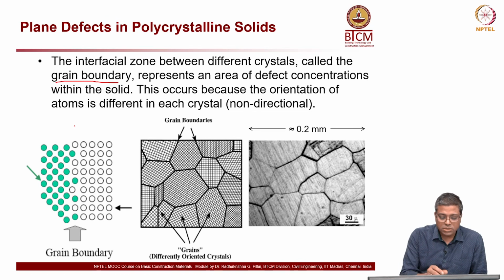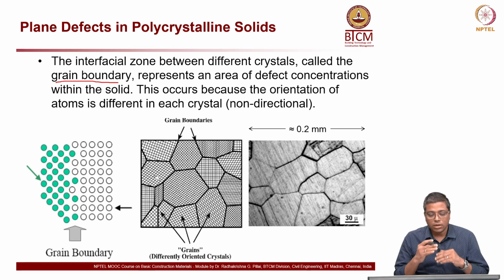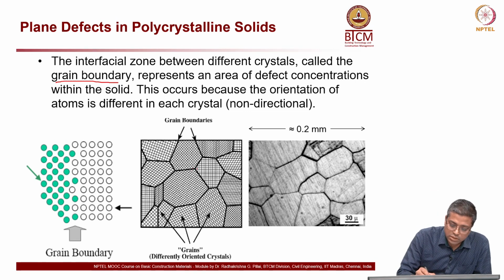This is depicted in the second drawing, where you can see the crystals aligned in a particular fashion. You can follow these black lines; that is the alignment of the crystals in each grain. Each of these regions we can call a grain.